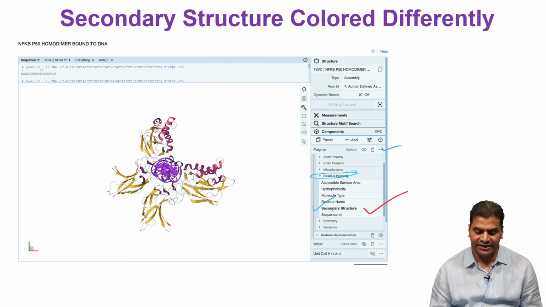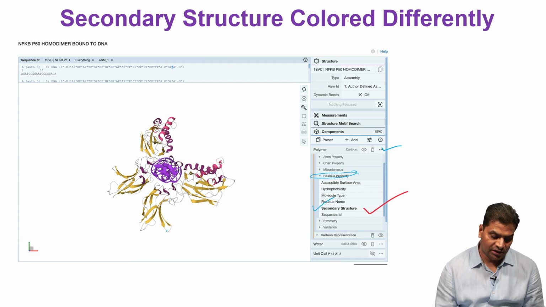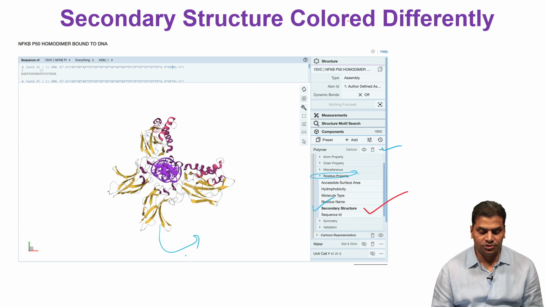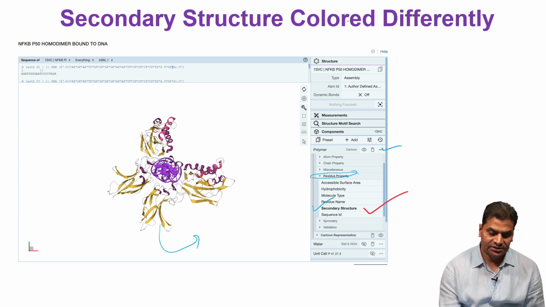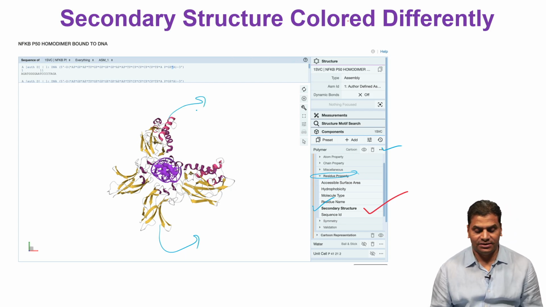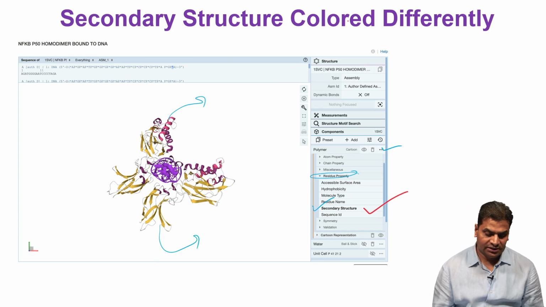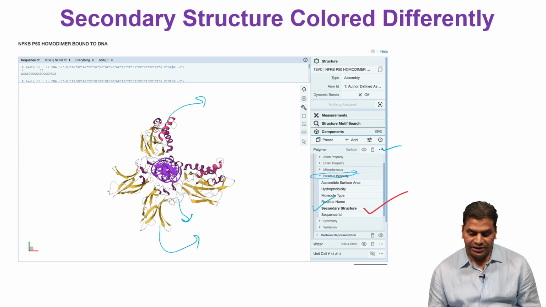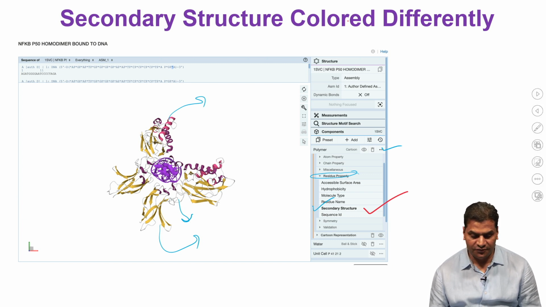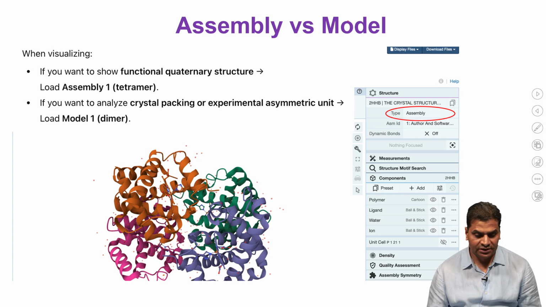If you click on that, you can see that beta sheets are shown in yellow color, helix in a pinkish color, and coil in silver color. So, we can clearly identify the secondary structures in this 3D structure of the protein of interest.